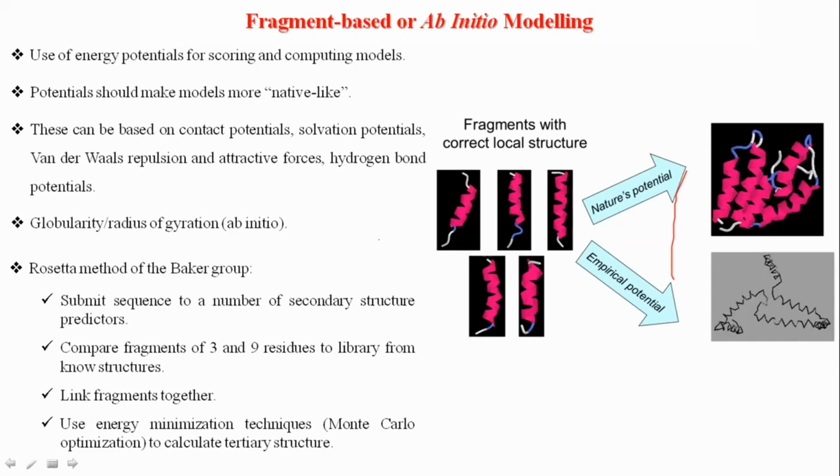Small fragments are modeled into local structures, and all the local structures are combined to form a global structure. Energy minimization is compulsory for this. One of the most popularly known servers is the Rosetta server.